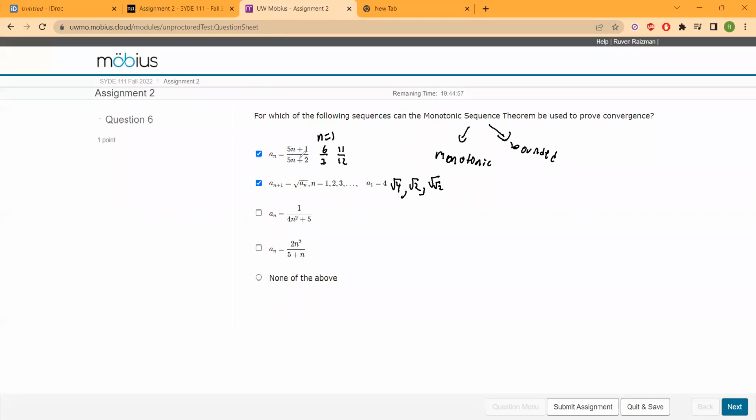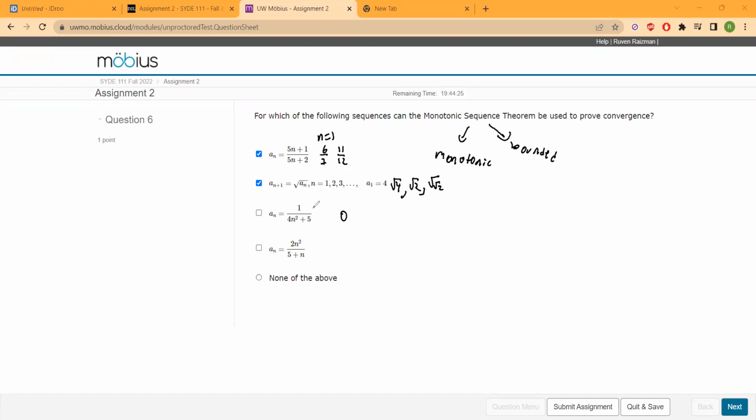Check. Then we have over here 1 over 4n squared plus 5. So this has a limit of 0, because n squared will reach infinity, and 1 over infinity is 0. Which means that it's bounded, because the first term will be its highest bound, and 0 will be its lowest bound.